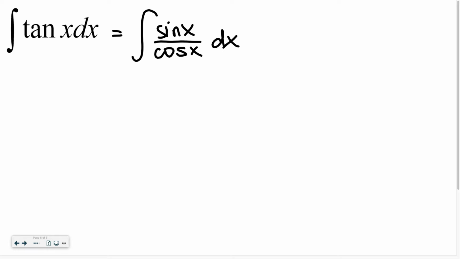Why is that helpful? Okay, we have that derivative relationship going on from denominator to numerator. All right, so what we can do is we can let our denominator be u.